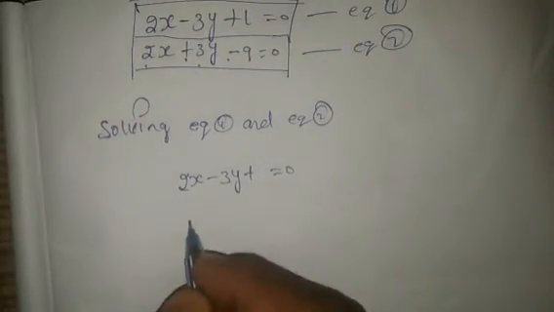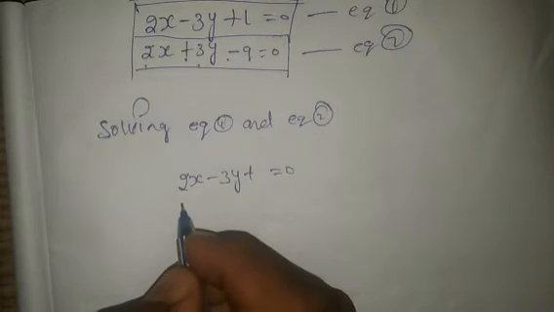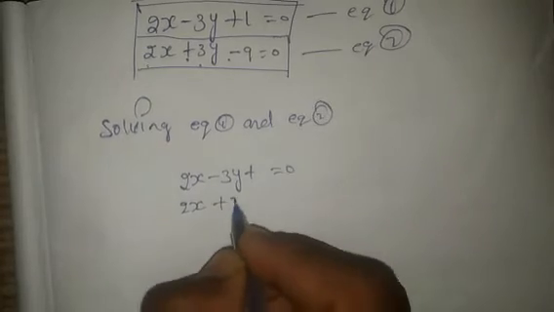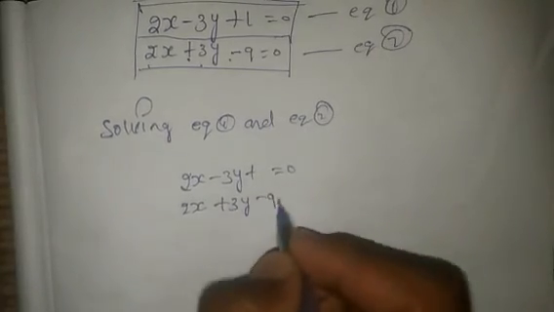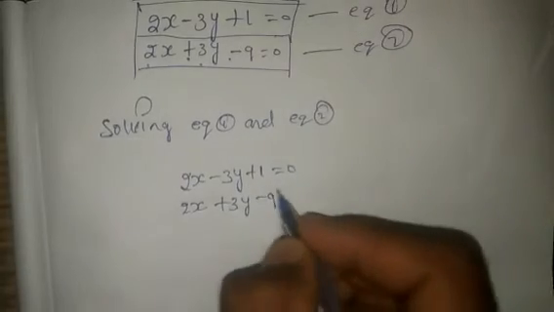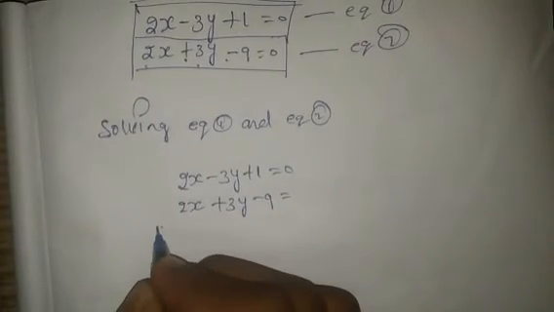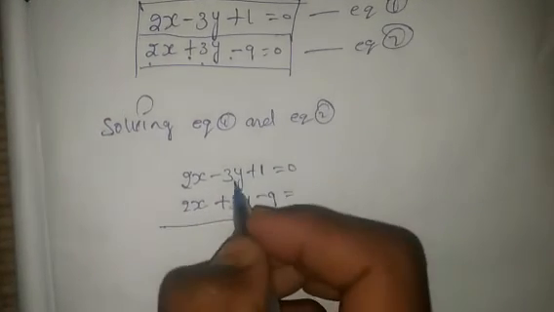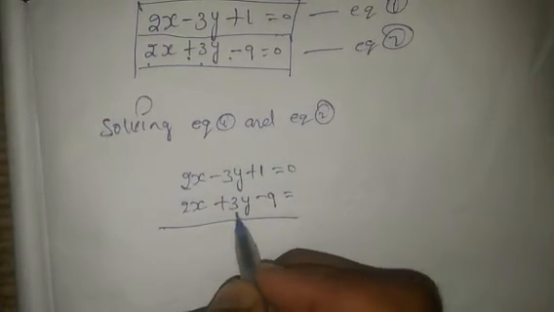below equation 1. So equation 2 is 2x plus 3y minus 9. Now we have to do this. So minus 3y and plus 3y can be cancelled.